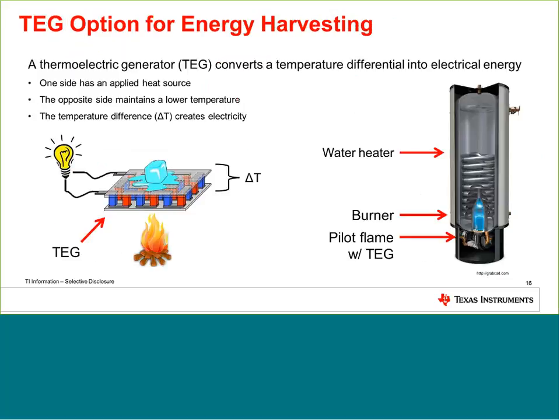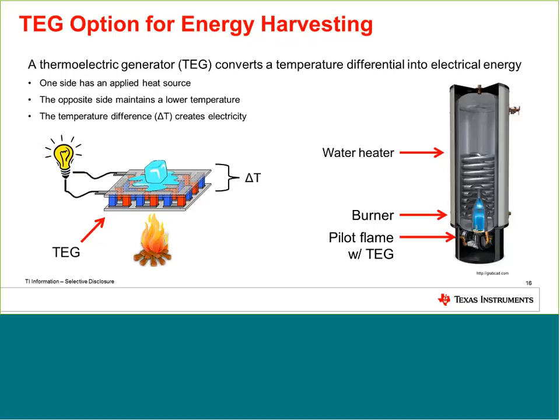Another way of harvesting energy, which is very common in a water heater, is using thermoelectric generators. On thermoelectric generators, we need to have heat on one side and cold on the other side. We put an ice cube here in this case just to show, but the bottom line is we need to create a difference in temperature between two plates.